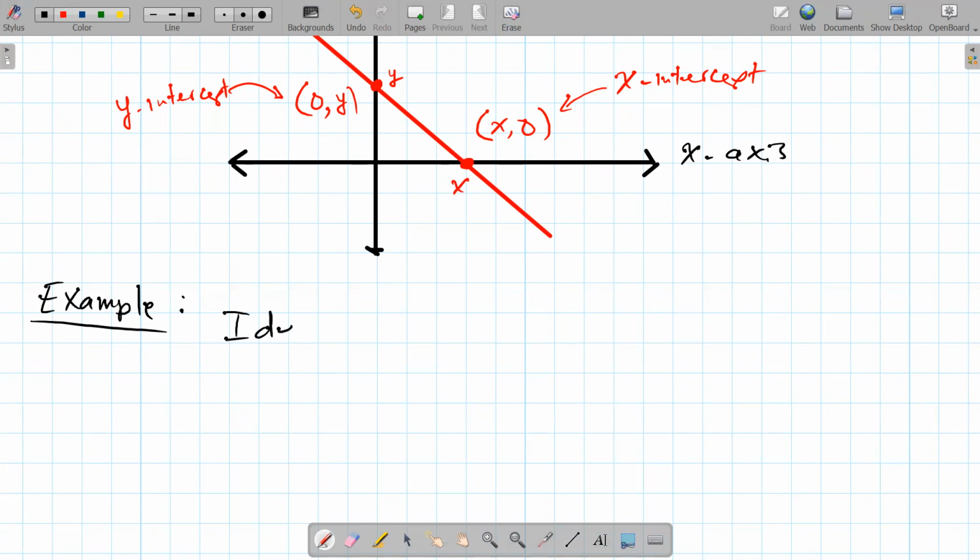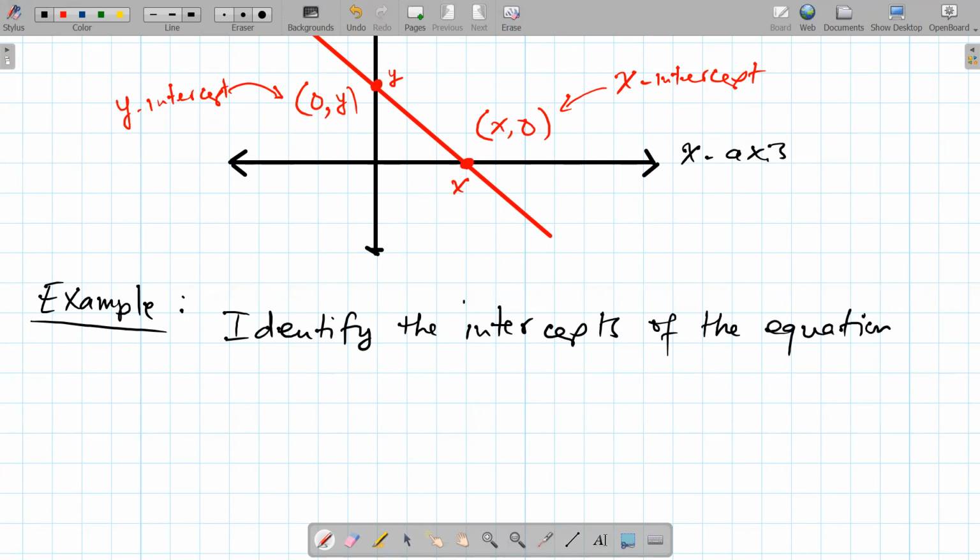Identify the intercepts of the equation 2x plus 4y equals -8.